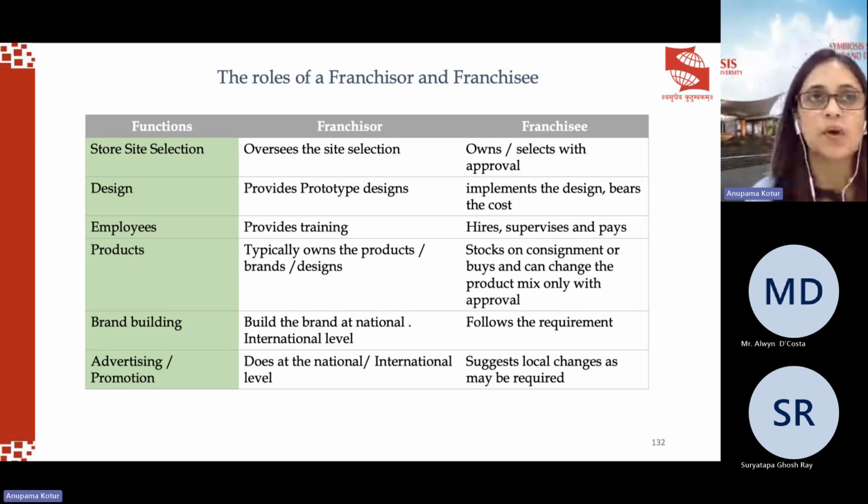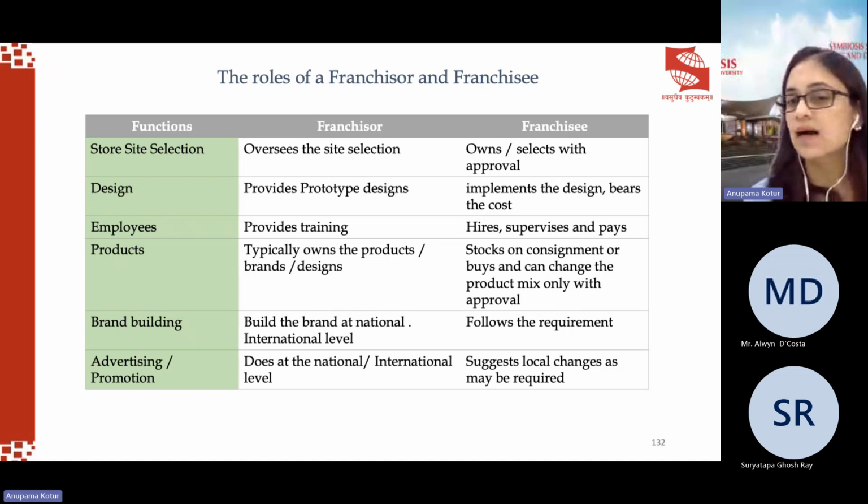Franchisor might give some broad guidelines on how to choose a site location, but doesn't really get involved in the decision making per se. The design, of course, the layout, the visual merchandising aspect of it, the colors, everything is given by the franchisor. The franchisee will only have to bear the cost of making sure that the brand guidelines are implemented properly in the design and decor of the store, right?